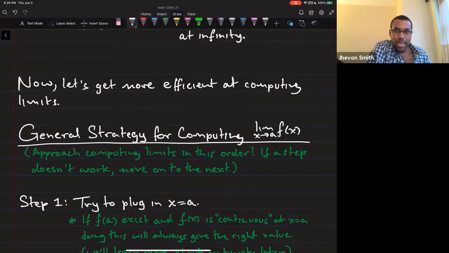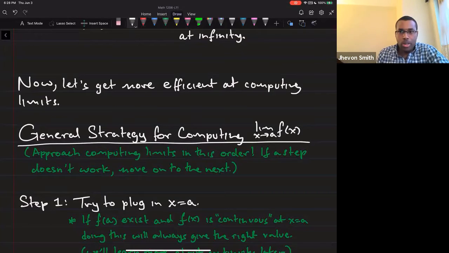What if the thing is complicated and you don't know what the graph looks like? I'm going to give you some general tips that will help you compute limits. That should help you deal with any limit I can give you, at least in Calc 1. And in Calc 2 as well, by the way. But yeah, so that's what we're going to do.